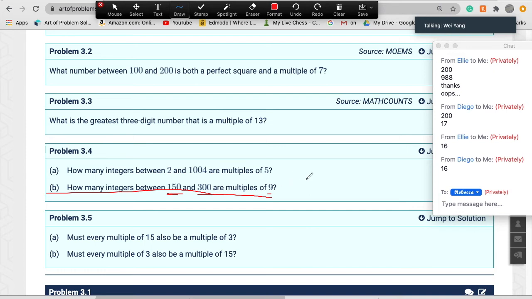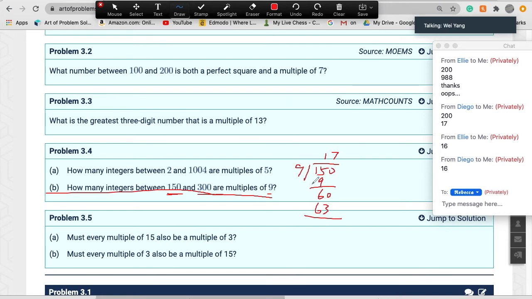So first, we can do 150 divided by 9, right? Now let's see, we put 9 here, that's 0. We can put 7 here. 7 times 9 would be 63, right?